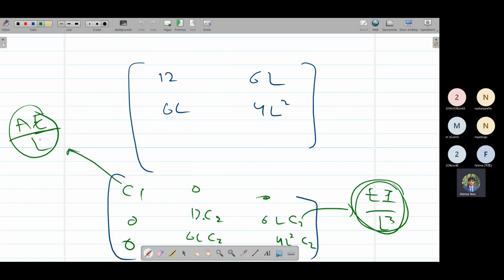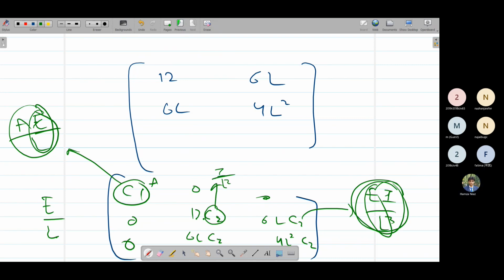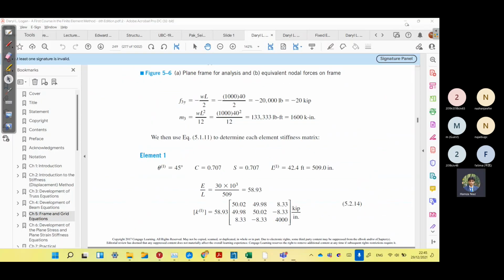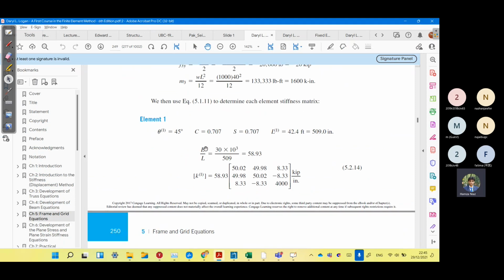If we take common E over L from this one and this one, we can take E over L outside. The only thing remaining here would be area, and here would be I over L square. So they have done this, that E over L they have taken outside, and they have multiplied.